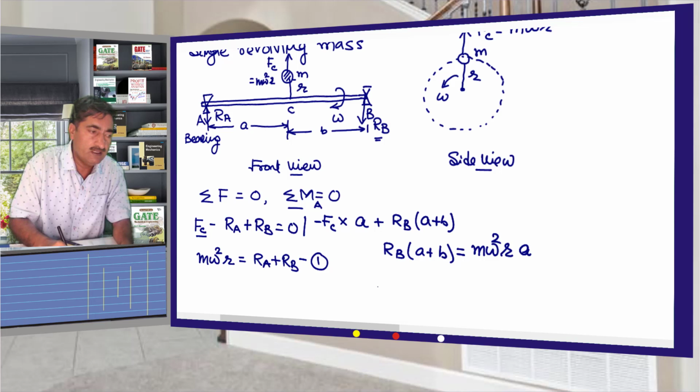Then the reaction at B equals m omega square r into a upon a plus b.